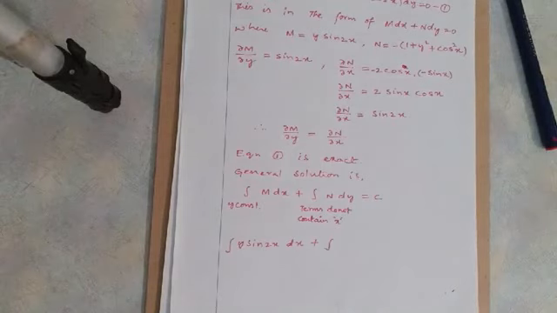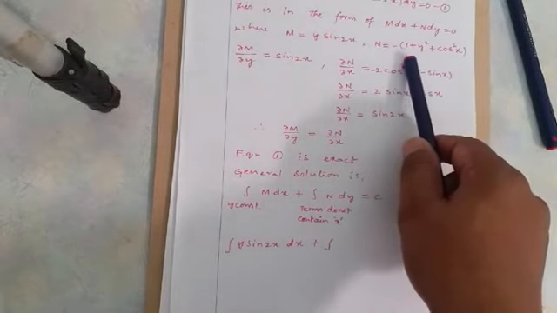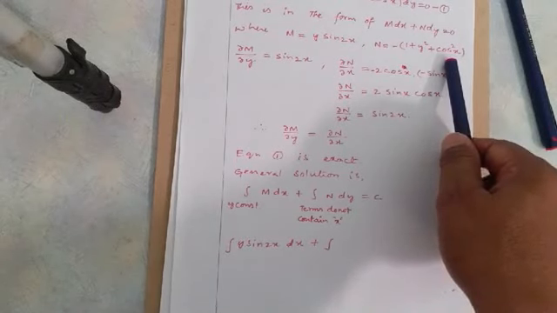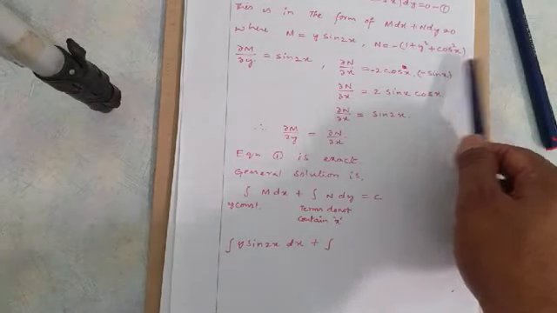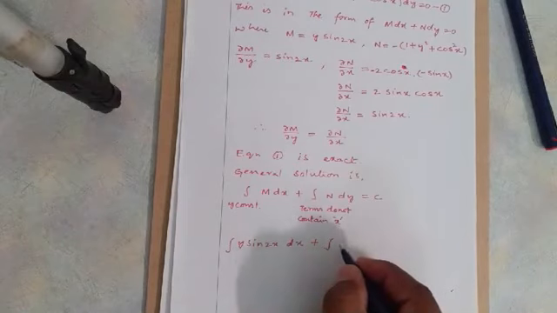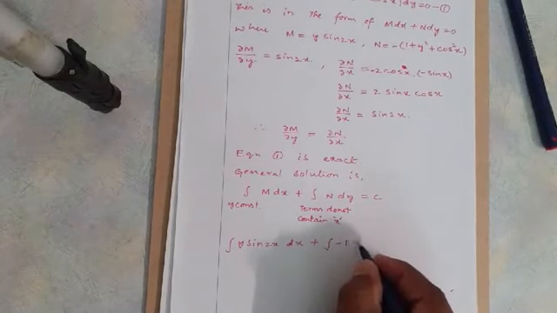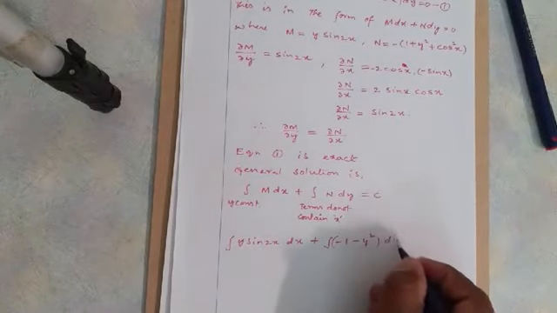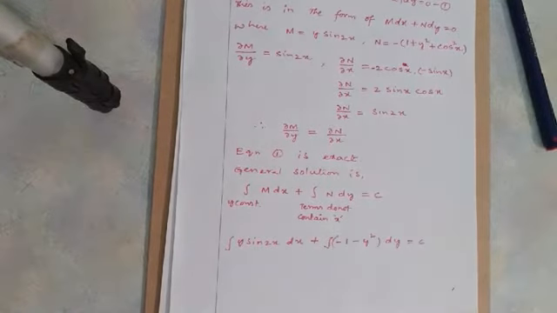So here we have 1, then y, and here we have x. So cos square x we should neglect. So then we have to write only minus 1 minus y square into dy is equal to c.